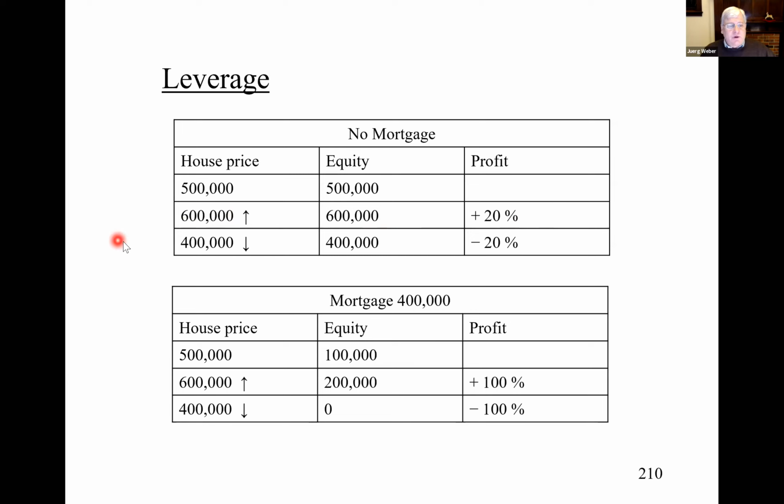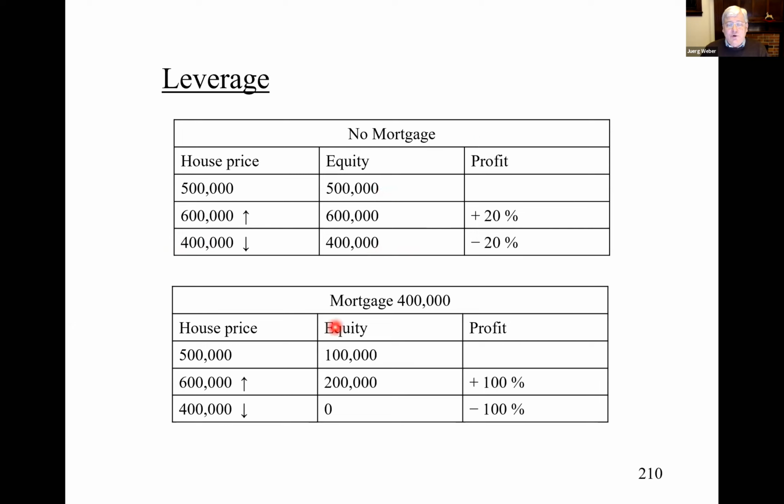But the market may also turn against the investor. And let's assume the house price falls to $400,000. Now the equity of the investor is only $400,000. And there is a capital loss here of 20% because the initial investment was $500,000. That's happening without the mortgage.